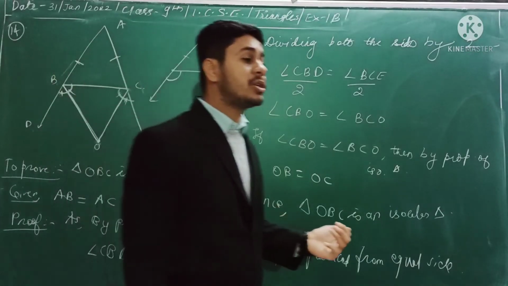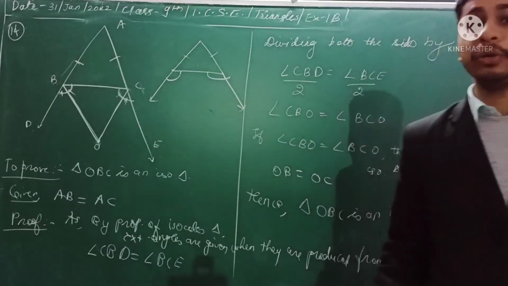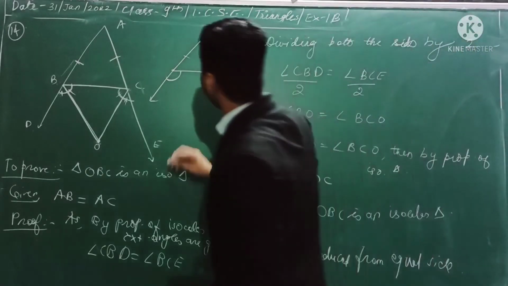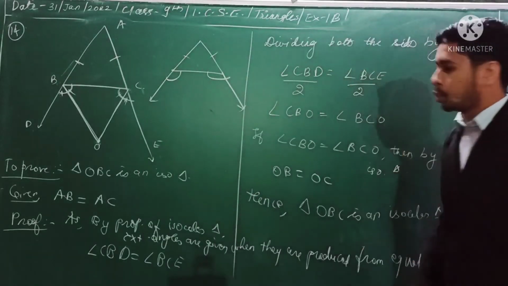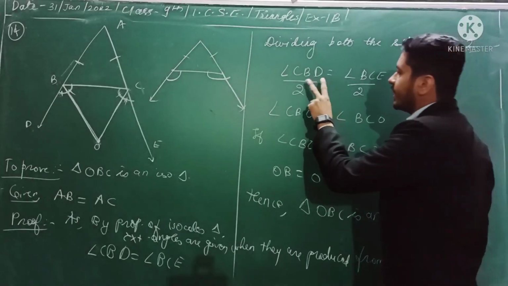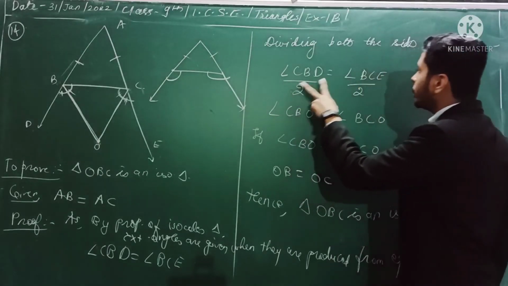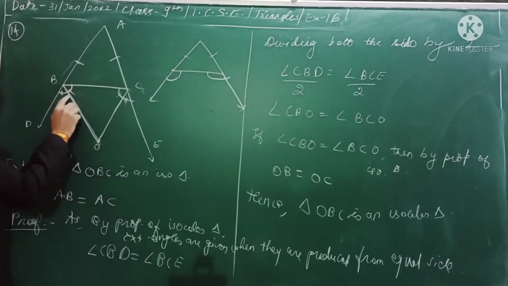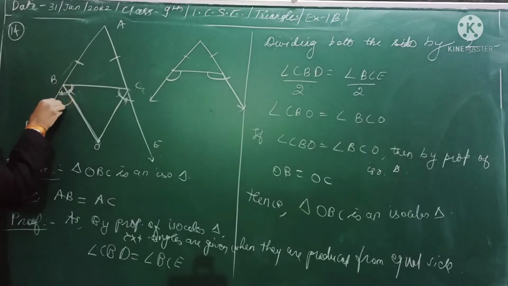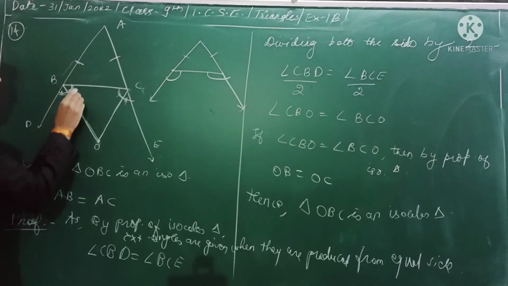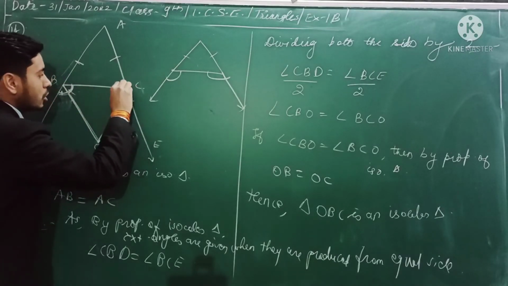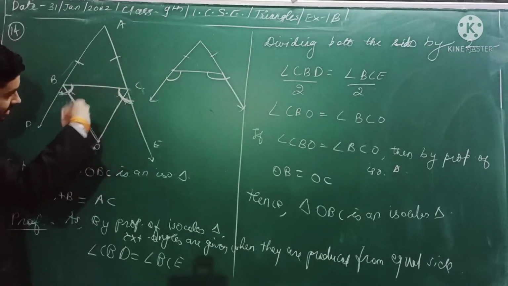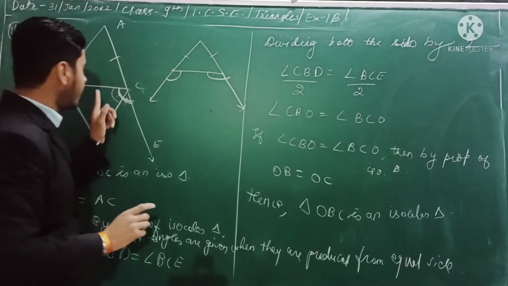Using the logic of the previous question which I explained in the 12th, let us divide both the angles by 2. Let us divide angle CBD upon 2 is equal to BCE upon 2. If this is the angle bisector, the half of this angle can be equal to this one or this one, but we don't need this angle, so we will mention this angle. This is also the bisector, that means half will be equal to this one.